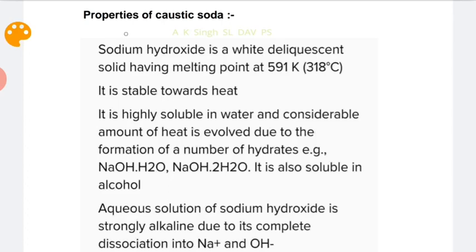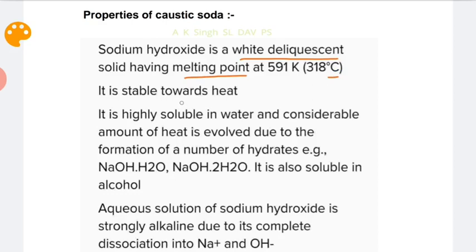At first, physical properties. Sodium hydroxide is a white deliquescent solid having a melting point of 591 Kelvin, means 318 degrees Celsius.